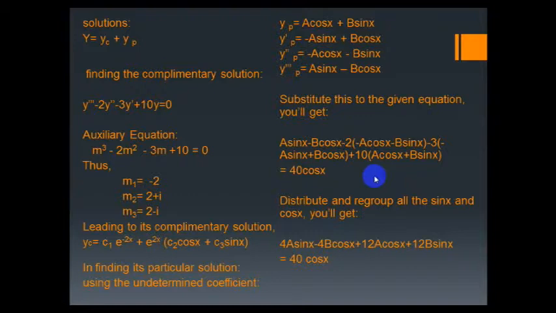After regrouping, we will then have 4A sin x - 4B cos x + 12A cos x + 12B sin x = 40 cos x.